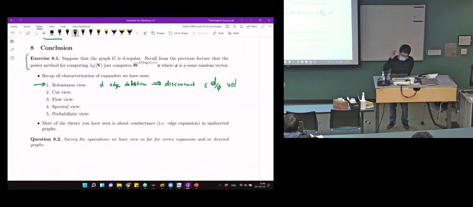For cuts, we have seen that if G is an expander, G is basically cut equivalent to the product graph with the same degree profile. And also the same for flow.